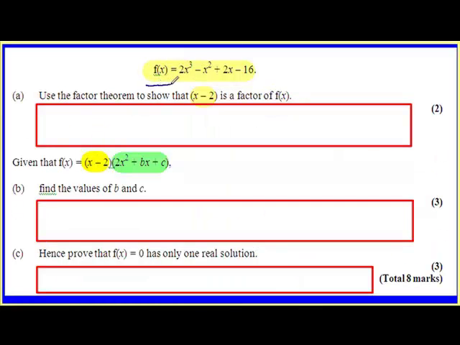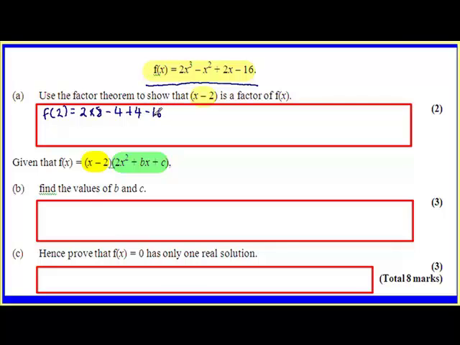In this question here, again we're asked to show that x minus 2 is a factor. So here we're looking for f of 2, which will give us 2 times 8 minus 4 plus 4 minus 16.